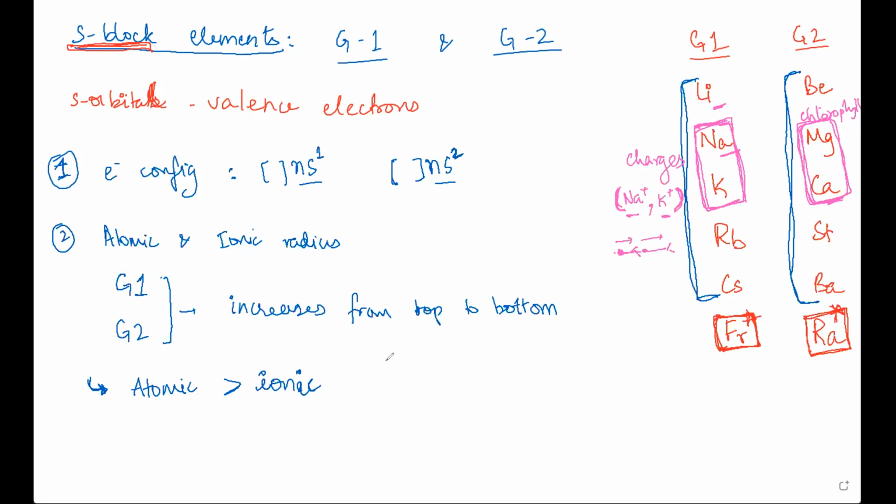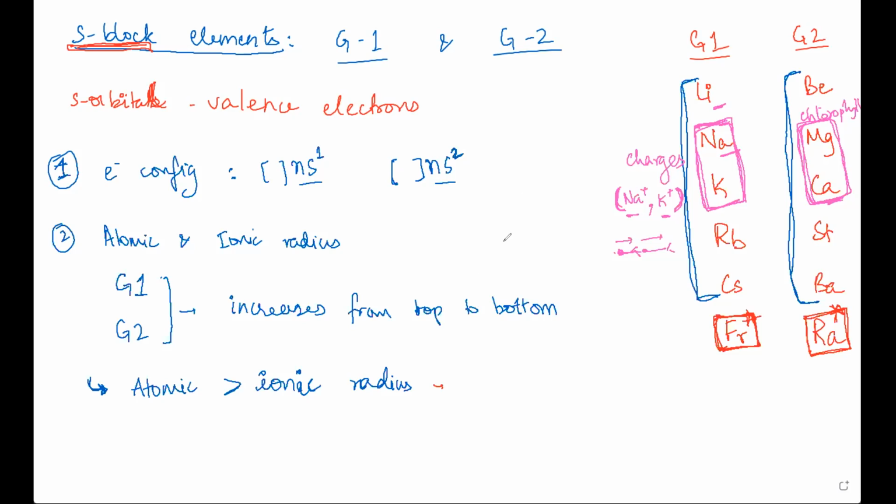And what is the reason for this? When they lose an electron, the outermost shell also is lost, so the size decreases. Absolutely. When they lose electrons, especially in group 1, they lose an entire shell. And group 2?